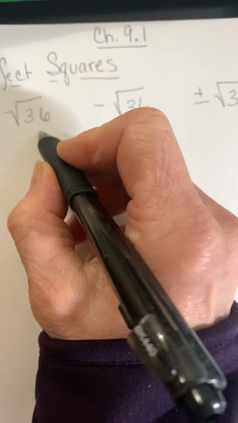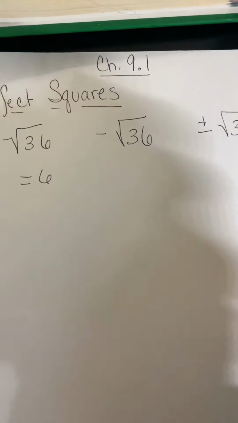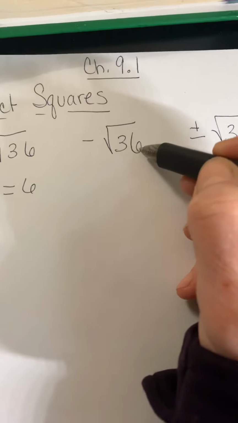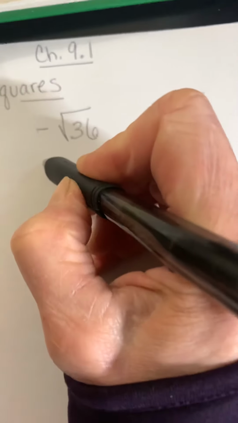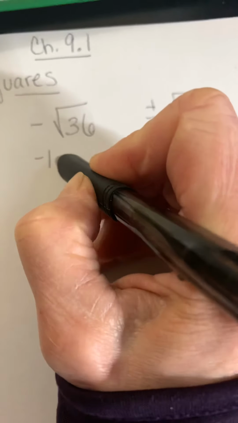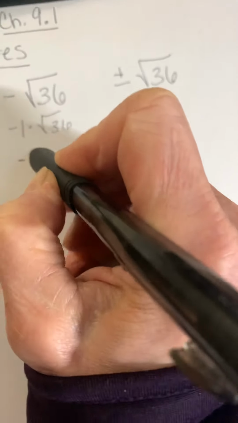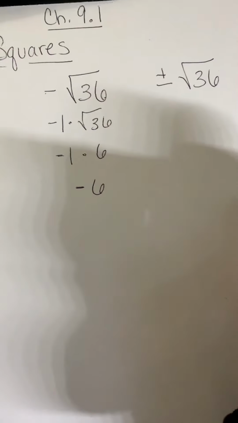This one is just simply asking you for the positive square root of 36, which we know to be 6. This one is saying to you, take the square root of 36, which is 6, and attach the negative, because really what this means is negative 1 times the square root of 36, which is equal to negative 1 times 6, which is equal to negative 6.